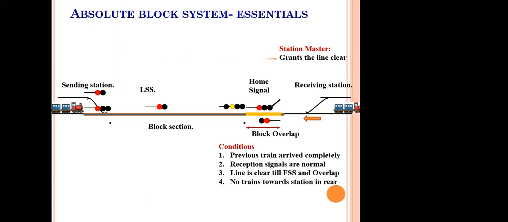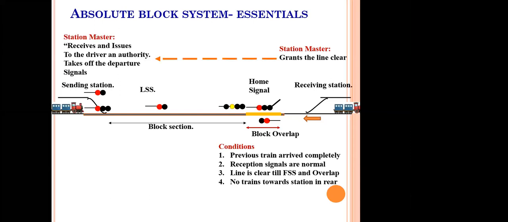That line clear, the sending station receives and issues to the driver an authority, maybe a token, maybe by taking of the advance order, and the train departs. The starter signal is taken off, and now the train can travel to the next station, which is damn sure that there are no trains and the line is clear for it.